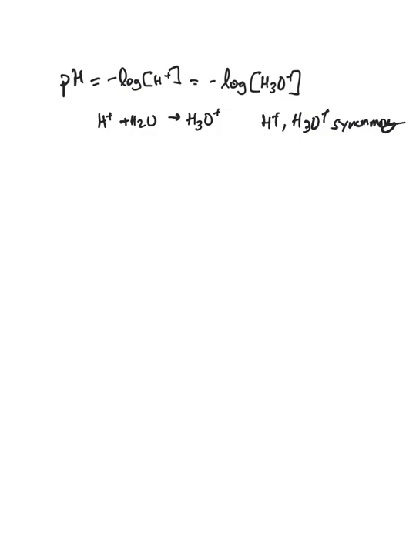And the first one is 1.0 times 10 to the minus 3 molar HCl. Let's calculate the pH. Minus the log of 1.0 times 10 to the minus 3 is going to give us minus minus 3.00, which is a pH of 3.